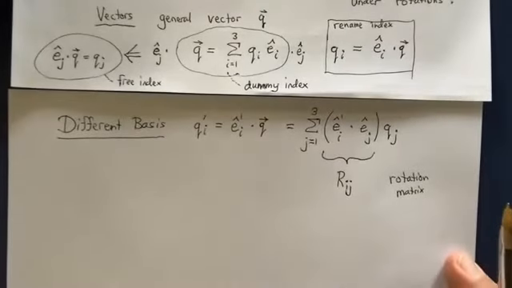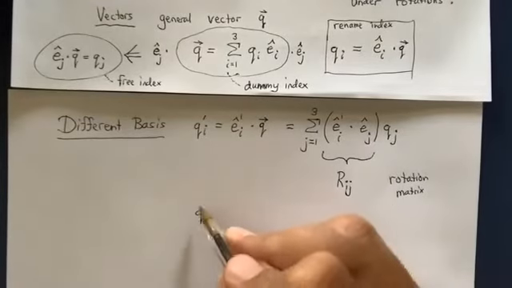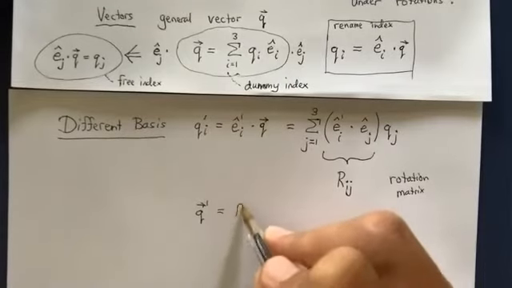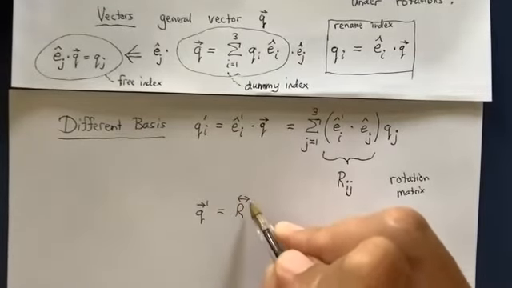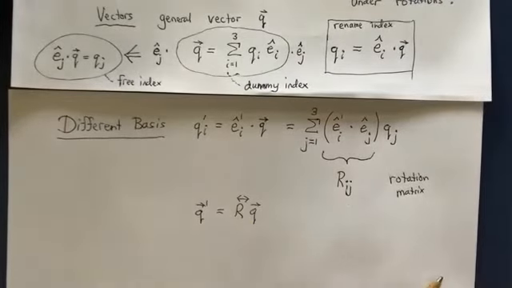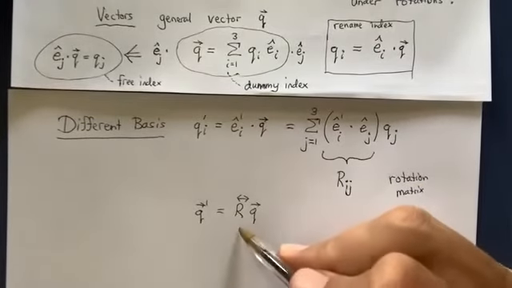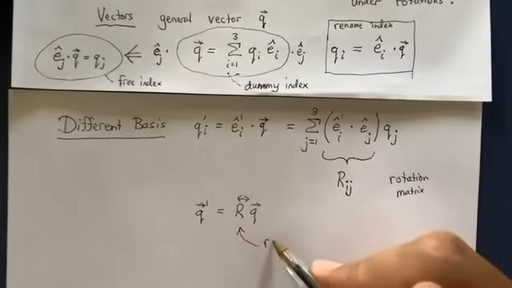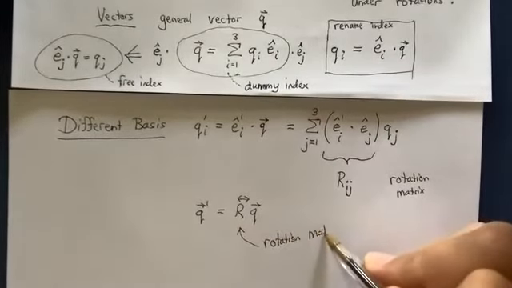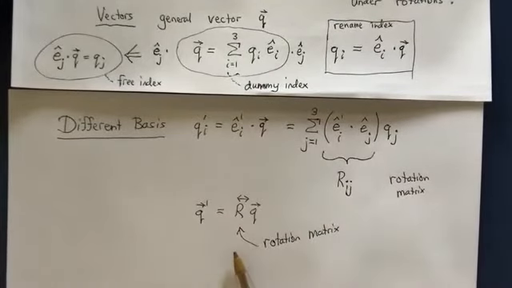And so we can summarize this nice result that the collection of coefficients obeys this transformation property. Okay, so that's the rotation matrix. Again, we're using our double-headed arrow, rotation matrix. It's a double-headed arrow because there are two indices.